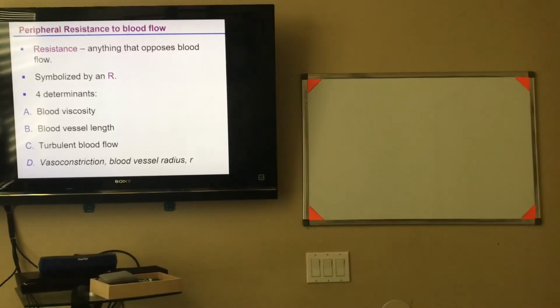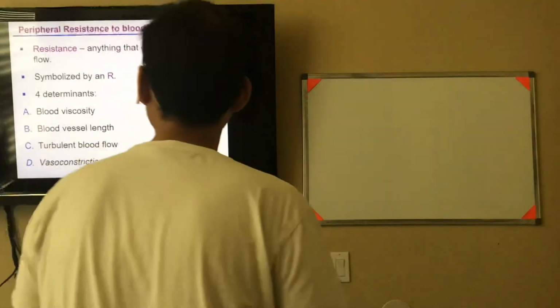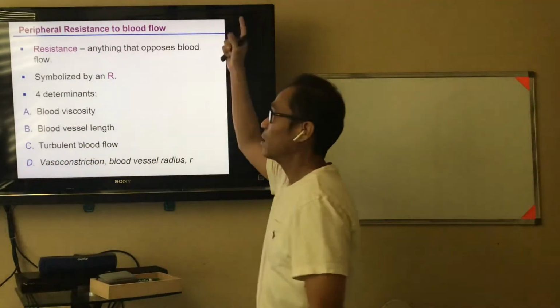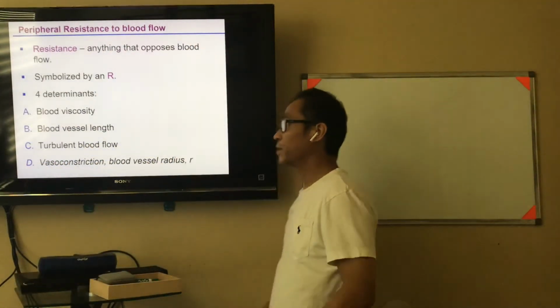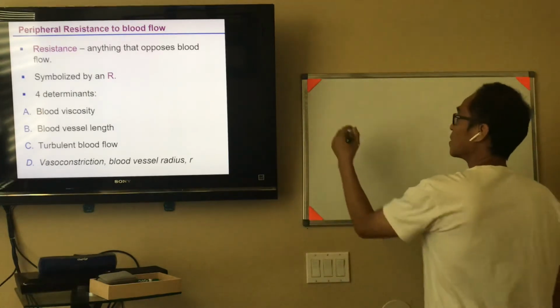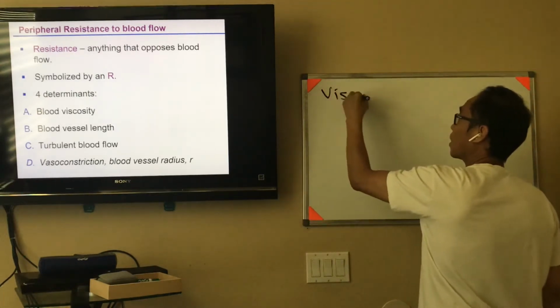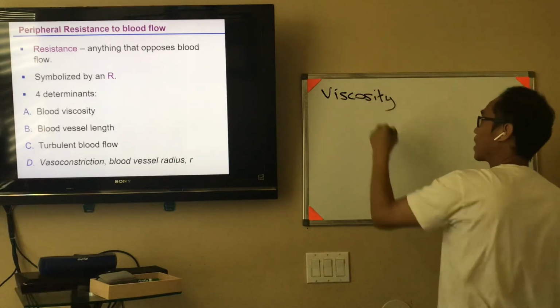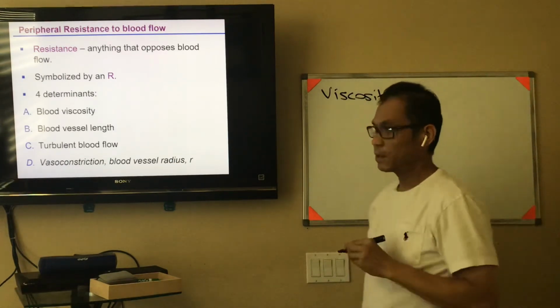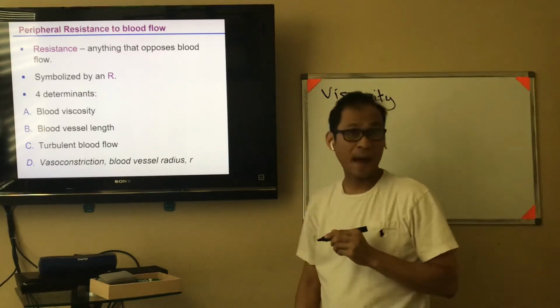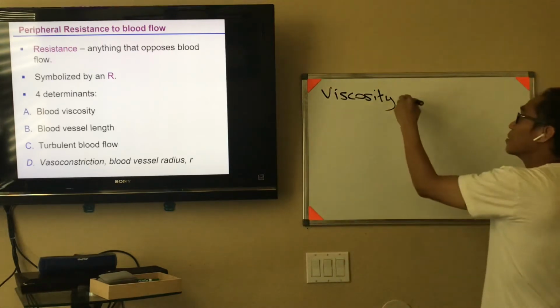So here are all the determinants of resistance to blood flow, anything that opposes blood flow. The four determinants I usually address are, first, blood viscosity. Viscosity is the goopiness of blood, provided mostly by the hematocrit, the red blood cells.